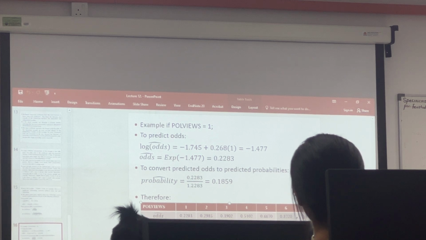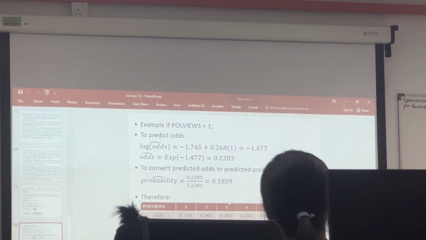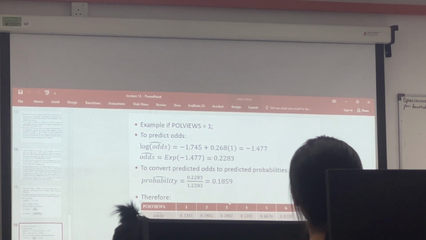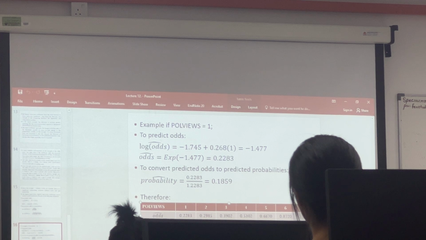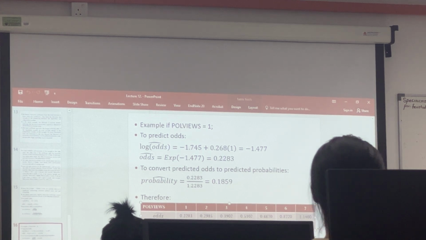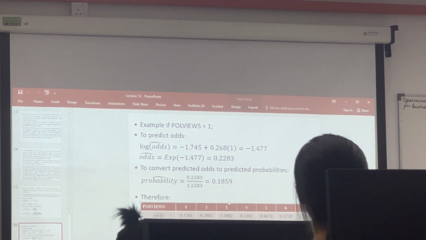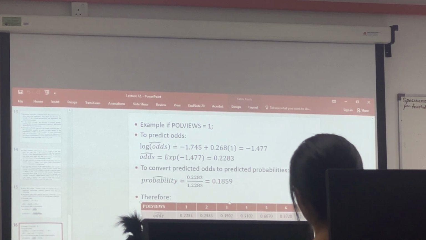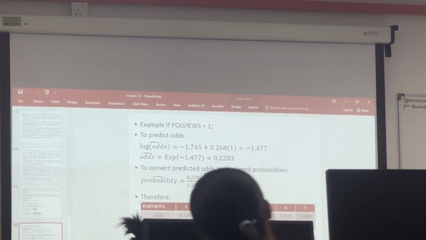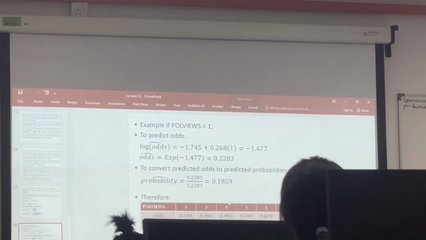But those at the highest level, extremely conservative, have a greater possibility of owning a gun. Their odds are more than 1, so they are more likely to own a gun as compared to not owning one.